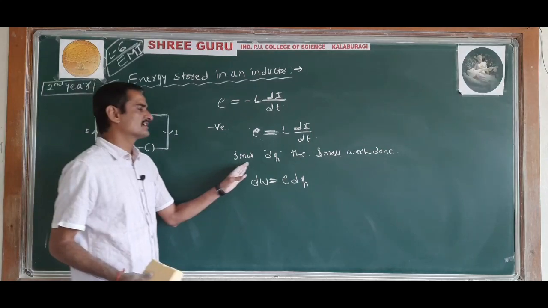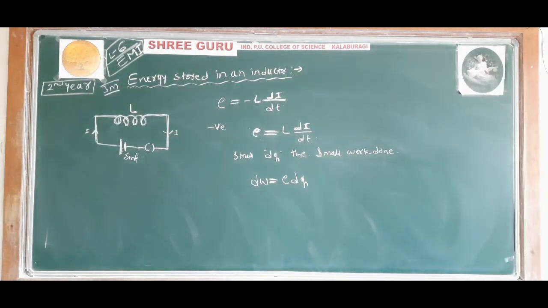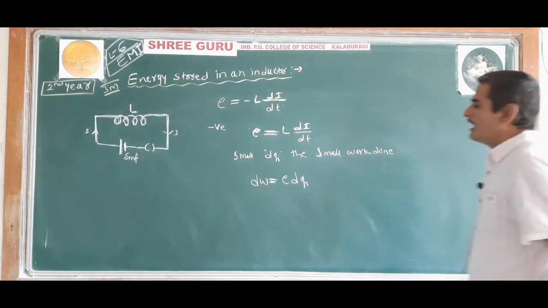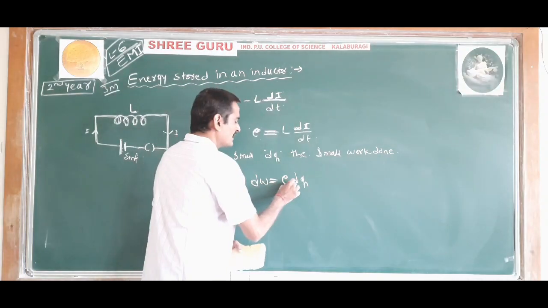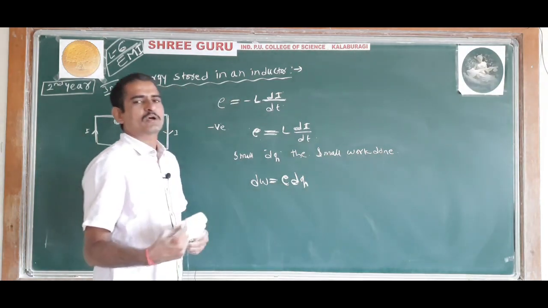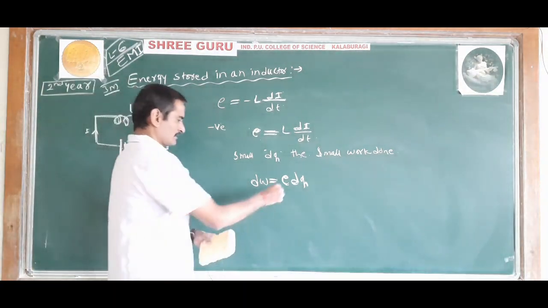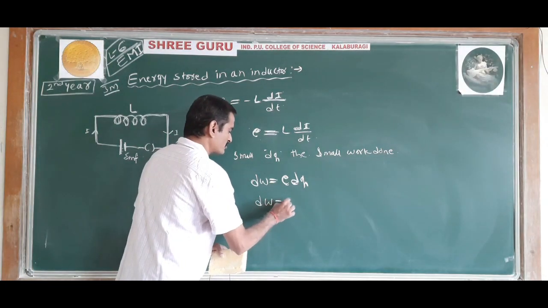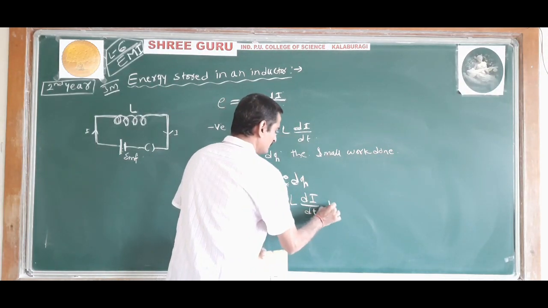For a small charge dq to pass through the inductor, a small amount of work is done by the EMF of the battery, and that work done is given by dW is equal to E into dq. E is the EMF of the battery, and dq is the small amount of charge passed through the inductor. Thus you can write dW is equal to E, and E is nothing but L di by dt, into dq.